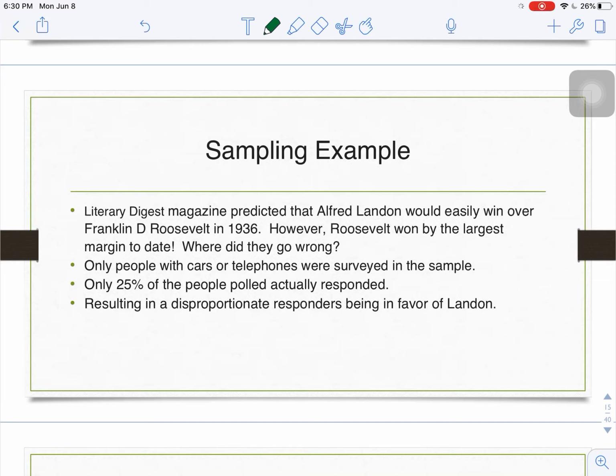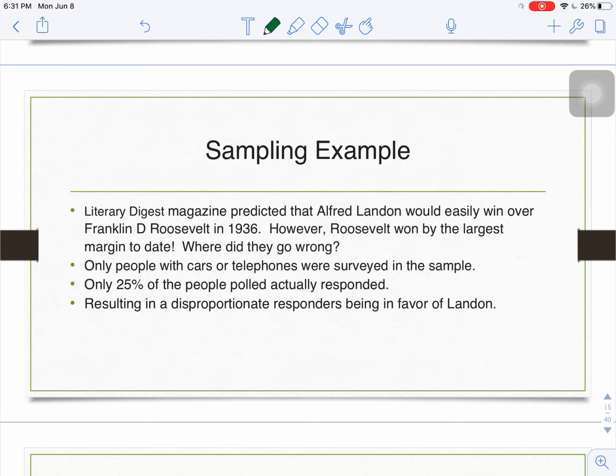So here's an example of a sample that was taken that could have used a little bit of work. Literary Digest magazine predicted that Alfred Landon would easily win over FDR in 1936. However, FDR won by a landslide. So what happened? Why did Landon not win? Well, in this case, the survey only surveyed people with cars or telephones. And when we're thinking about 1936, not a lot of people had cars or telephones.